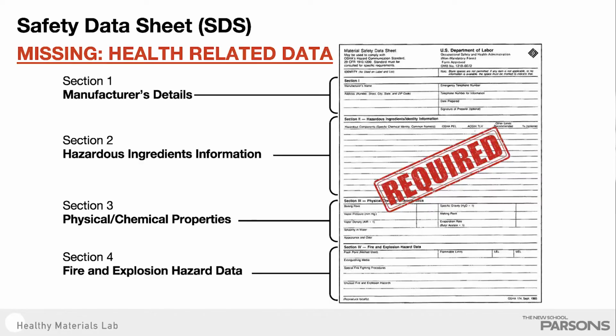And it turns out that while a lot of that information is reported on the safety data sheet, there are certain kinds of information that are not reported, and the format of that particular report is not as conducive for product selection and specification as it might be.